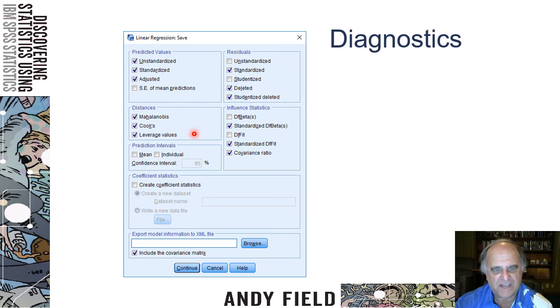He's saving a lot of distances here, a lot of influence statistics. He talks about all these in the book. Again, I probably on a regular basis do not use all these. It's good to calculate them. I probably don't use all of them, but we'll be talking about at least some of these as we go along. But he likes to create a lot of different diagnostics.